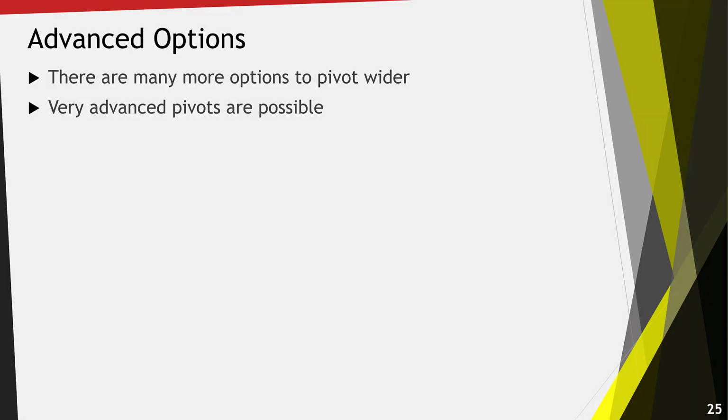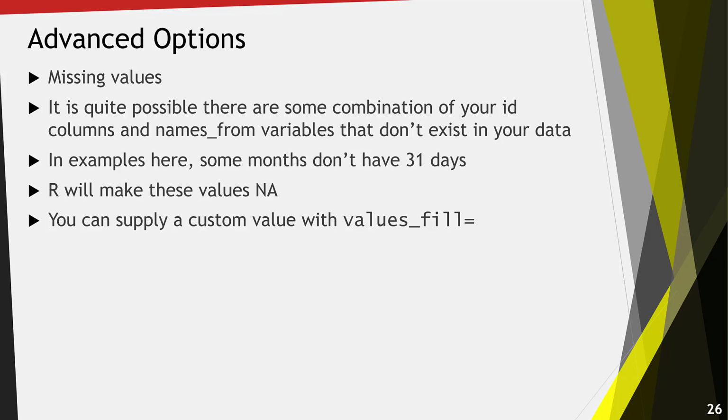What I've shown you so far covers the basics of using pivot_wider, but very advanced pivots are possible. So let's think about some details that you might run into in more advanced pivots. First is missing values. When using pivot_wider, it's very possible that there's some combination of your ID columns and your names_from variables that don't exist in your data.